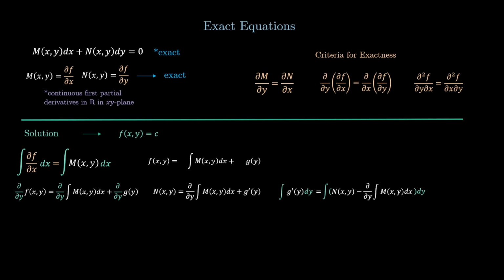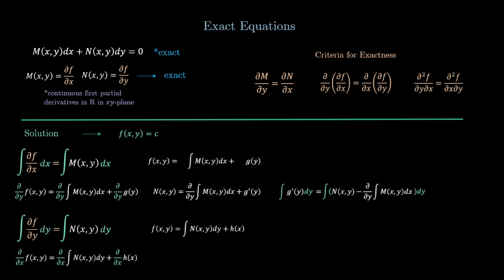And in all this, we didn't have to pick M, we could have even picked N. We could have started with this. A similar solution follows, where we integrate with respect to y. Doing so, we get f of x,y equals the antiderivative of N with respect to y, plus now our constant of integration is with respect to the other independent variable x, so we have h of x.